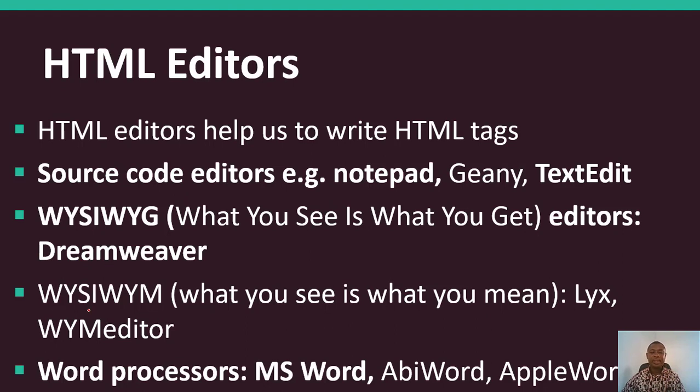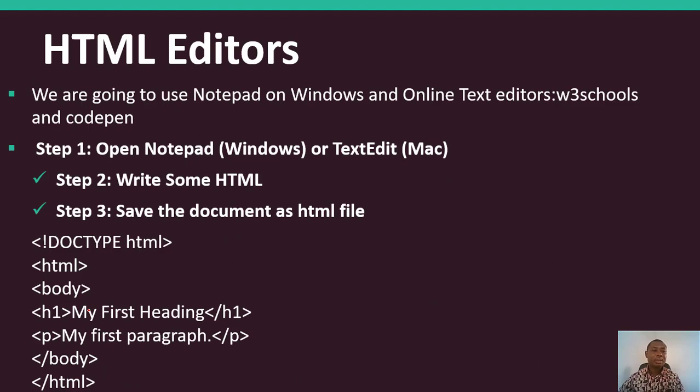You also have what-you-see-is-what-you-mean, the WYM editor, and you can use that one. You also know that you can use Microsoft Word to process your HTML codes, and Apple's word processor also works. So word processors can also be used.